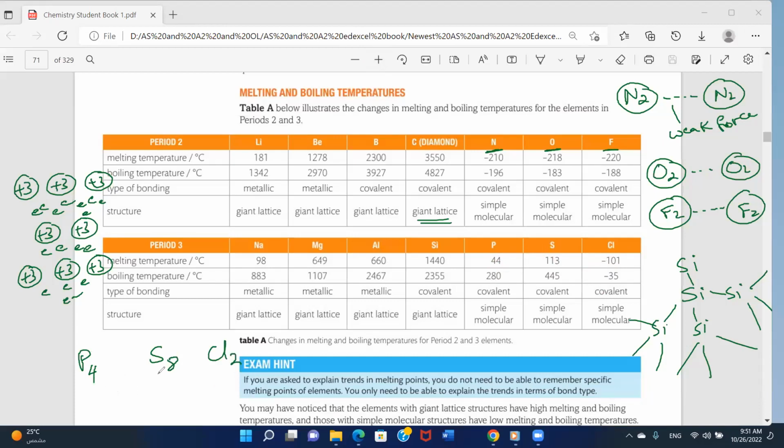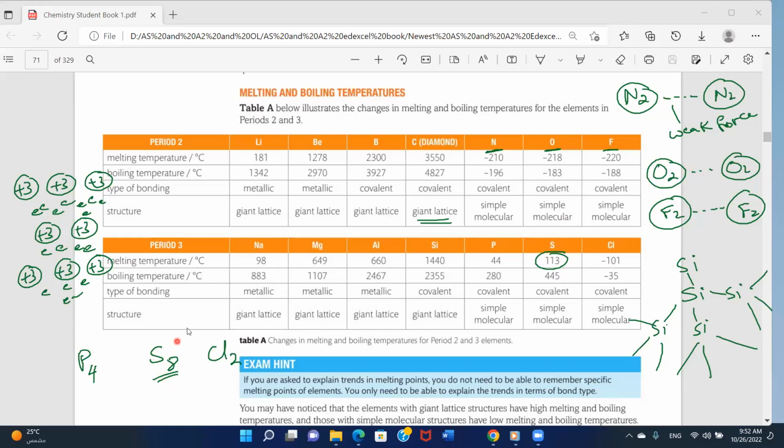We'll see that the more the number of electrons, the stronger the intermolecular forces of attraction will be, and that's why sulfur has the highest melting temperature. That's because it contains 8 sulfur atoms bonded together. Its molecular mass is greater. It has a greater number of electrons. The more the number of electrons, the stronger are the weak forces between the molecules.